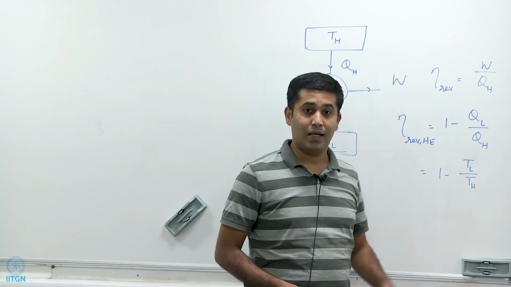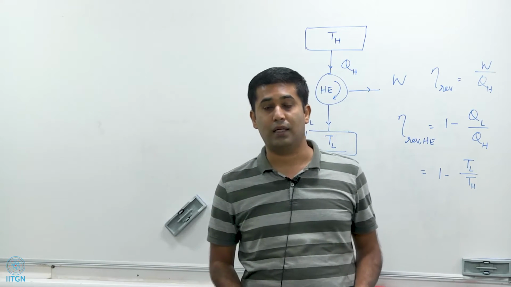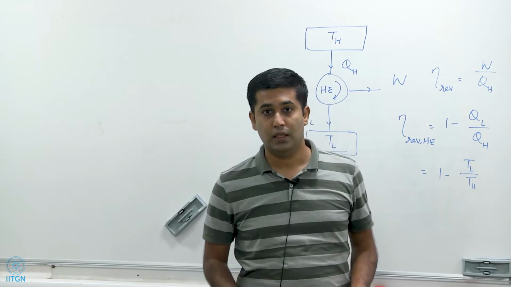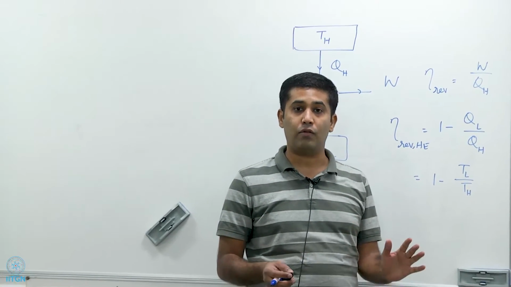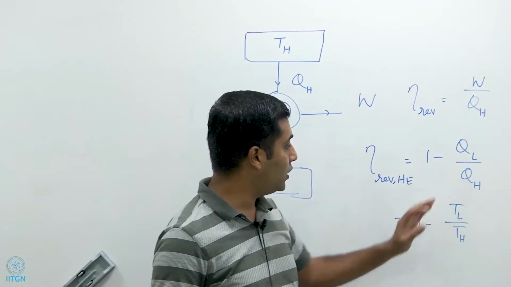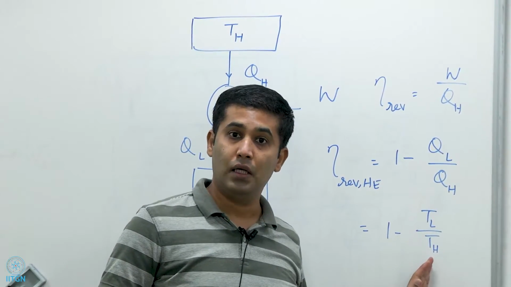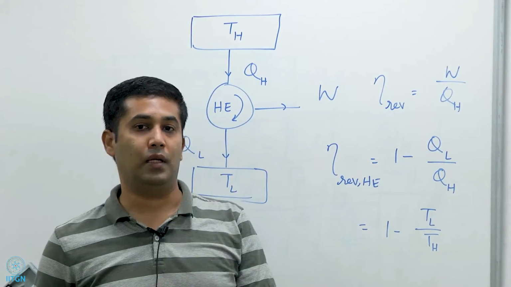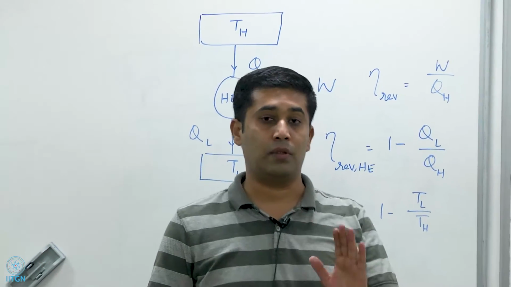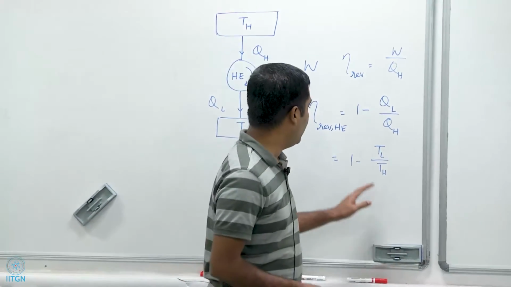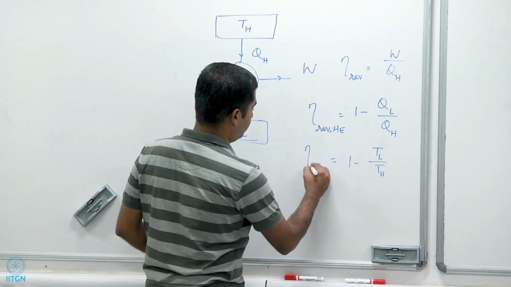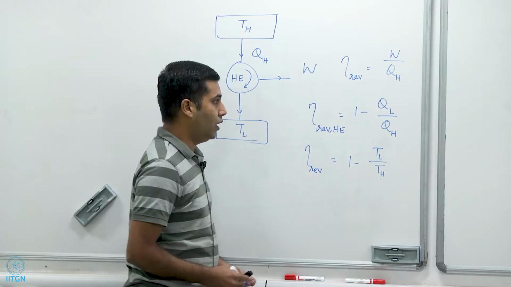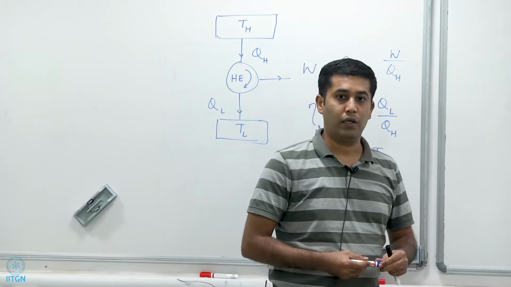The reason is that all real engines are not reversible, they're in fact very much irreversible, and so for real everyday engines that we will encounter in our lives, QL by QH will never be equal to TL by TH. But if we have a reversible engine, which is only possible in concept and theory, then eta reversible will be 1 minus TL by TH, right? So this is for heat engines.